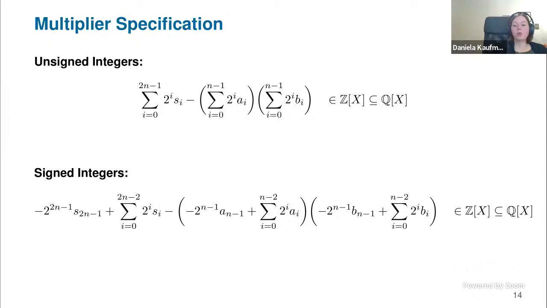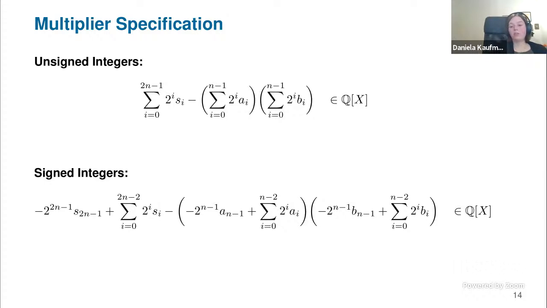Thus we now choose the polynomial ring over the rationals, because the rationals are a field, the integers are not, and we want to work in a polynomial ring over a field because this makes things easier for us. I will explain later in the talk why this is important.